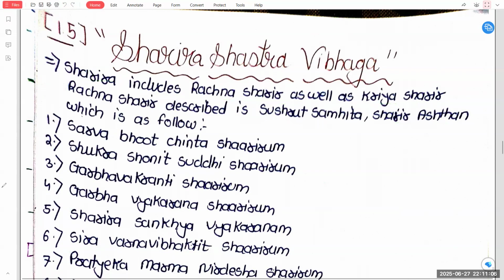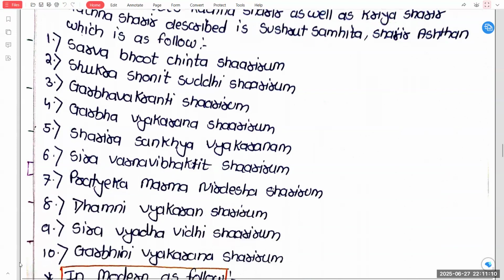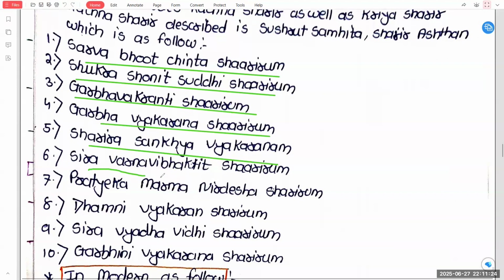These are the names of the 10 chapters which are included in the Shushruta Samhita Sharirsthan. They are Sarvabhuta Chinta Shariram, Shukra Shonita Shuddhi Shariram, Garbhavakranti Shariram, Garbha Vyakarana Shariram, Sharir Sankhya Vyakaranam, Shira Varna Abhivyakti Shariram, Pratyek Marma Nirdesha Shariram, Dhamni Vyakaran Shariram, Shira Vyadavidit Shariram, and the last one is Garbhini Vyakaran Shariram.